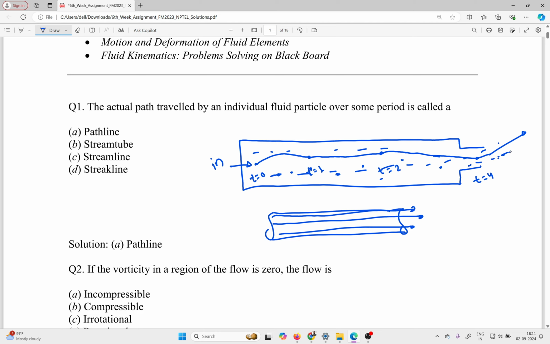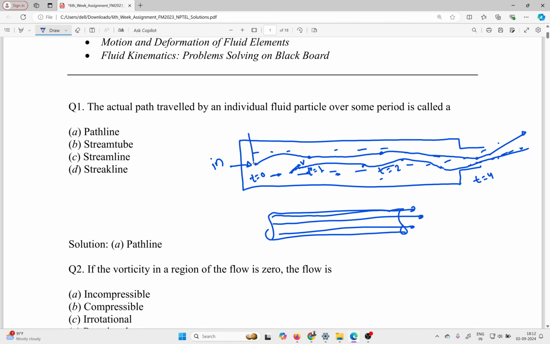You will observe fluid particles moving, going outside. When you draw the line like that, this is an imaginary line which joins millions of fluid particles, and at each point it gives you the velocity direction. And what is a streak line?